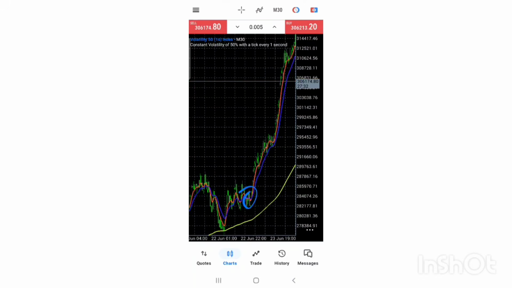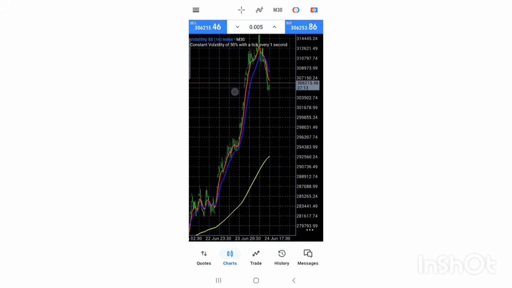There we have a buy confirmation, guys. The red moving average is the fastest moving average that reacts to the price very, very fast and quick, while this blue one is the slow EMA and reacts to the price very slowly. Do we get it, guys?